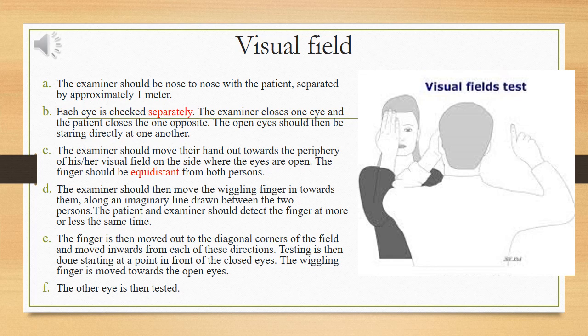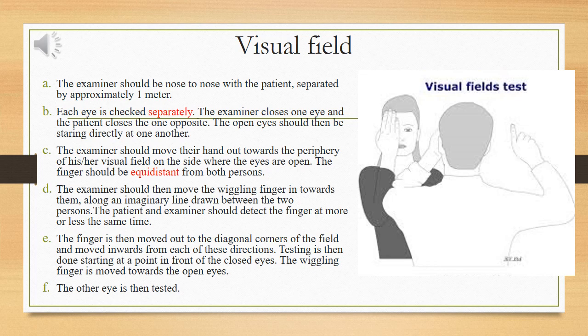Try to position your finger halfway between you and the patient. The examiner should move his finger, either wiggling the finger or holding a light or a red object, from peripheral to center, along an imaginary line drawn between the two persons. The patient and the examiner should detect the finger at more or less the same time.